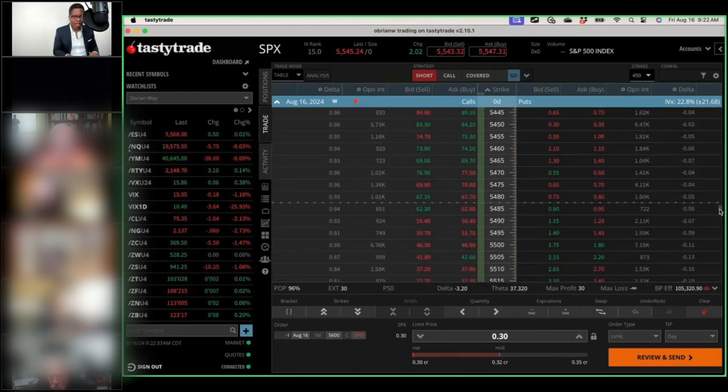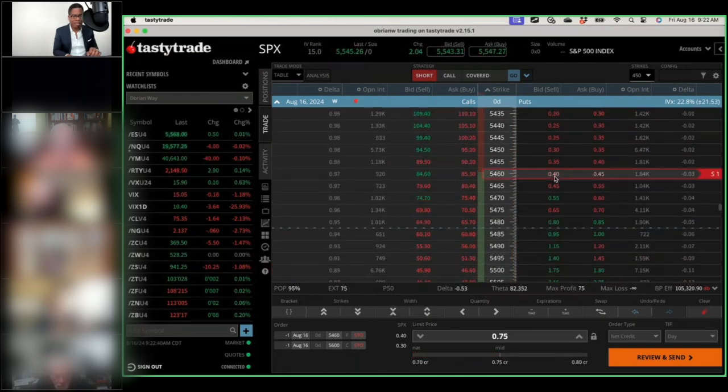If I'm at a 3 delta on the put side, yeah, it seems like I'm really, really far away, but there's still risk there. This is not going to 0. So there's still some risk there. Yeah, the odds are on your side that it's not going to go down to the 54.60 today, but it can. It can. So you have to be more vigilant with 0DTE trades.